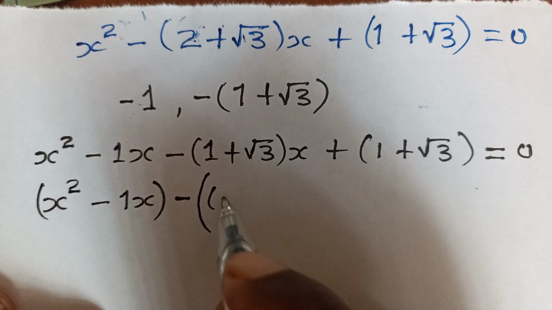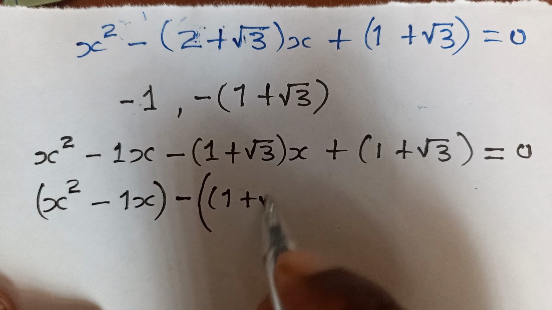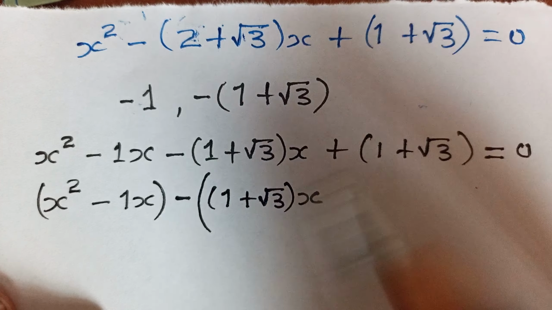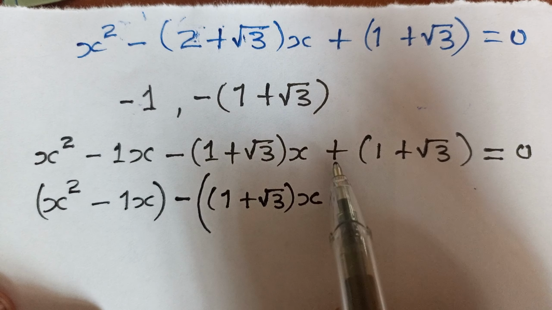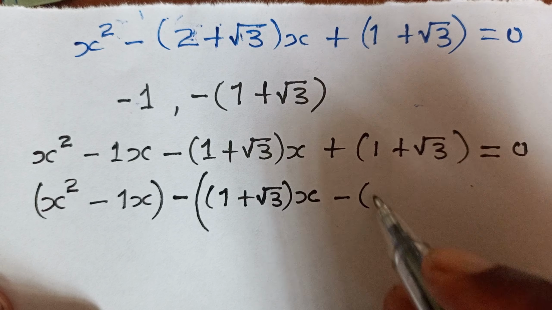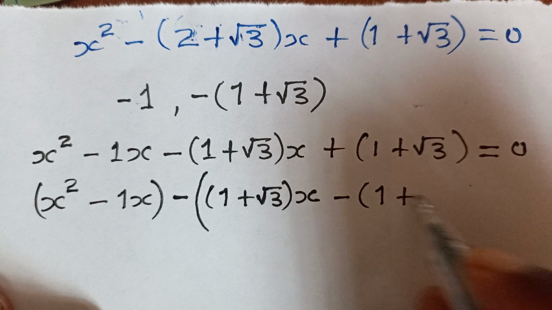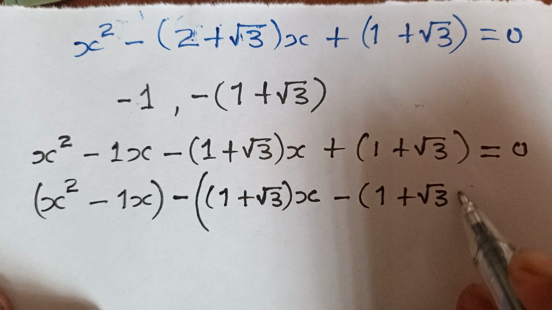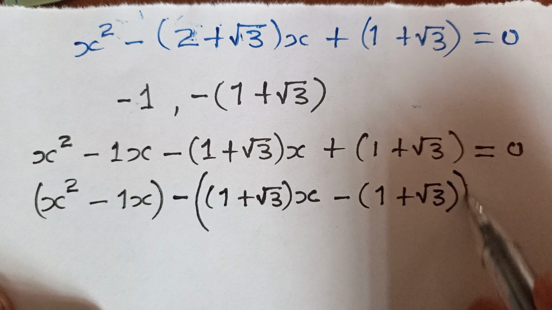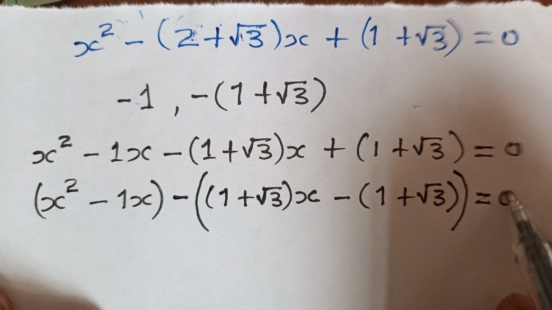This now comes to (1 plus root 3) x, and because of this negative, guys, we change this to be negative. Negative, open the bracket 1 plus root 3, and then we can put our bracket there. This is equals to 0.